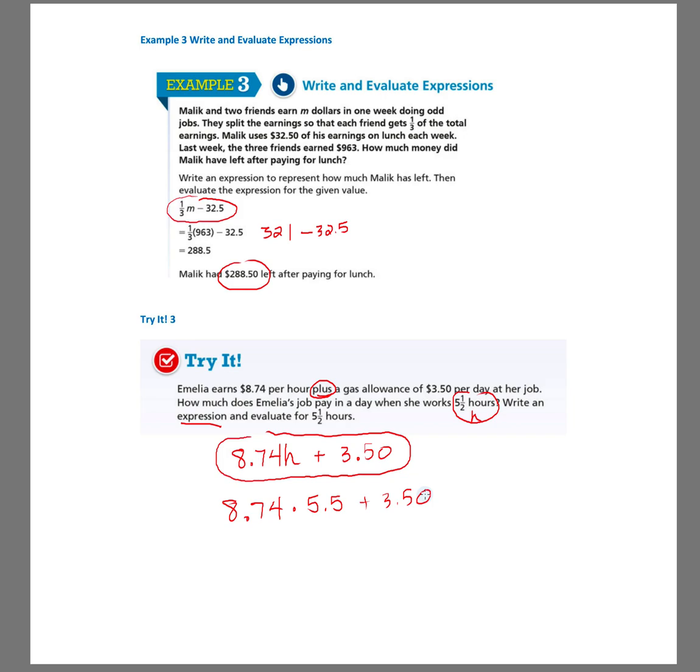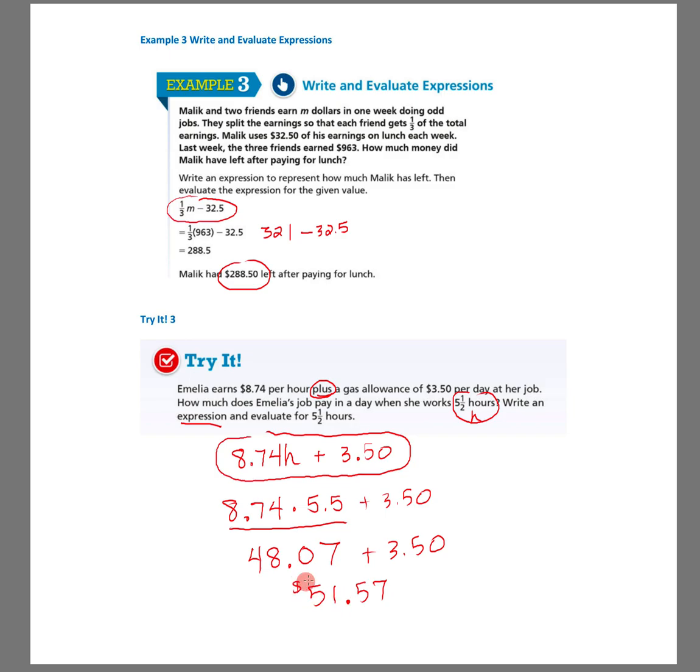I'm going to take 8.74 times 5.5, and I get 48.07. So that's this part right here. I multiplied before I do this adding, and now I'm going to do the adding on of the gas allowance. So just plus 3.5, and I get $51.57.